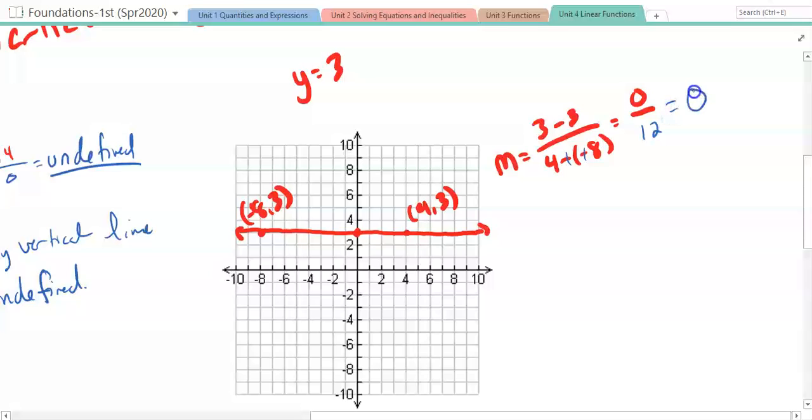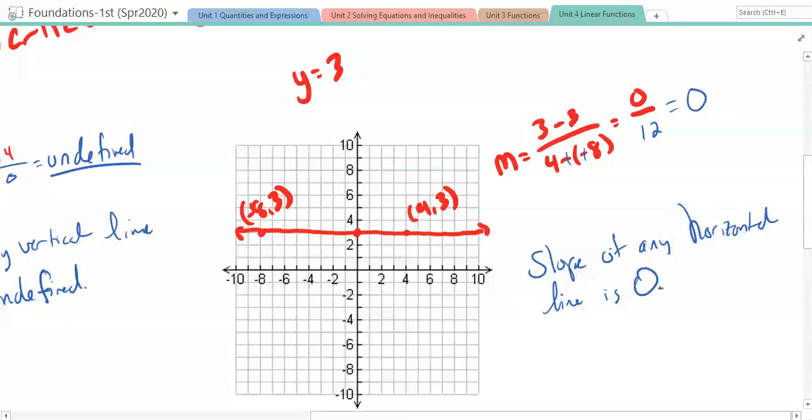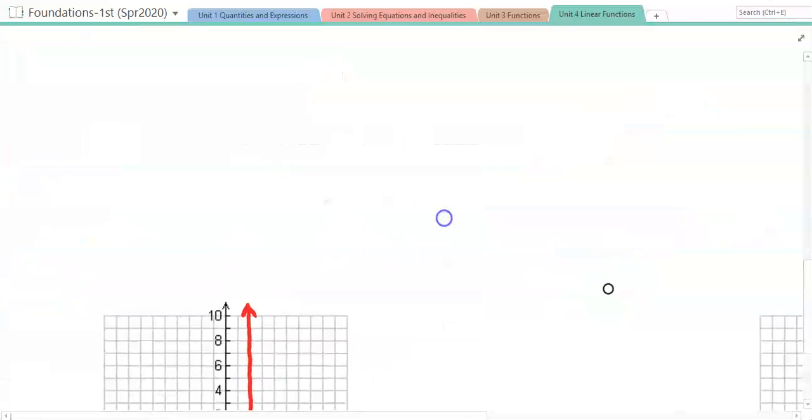And 0 divided by 12 is 0. So the slope of this horizontal line is 0. And that's the key to remember, is that the slope of any horizontal line is 0.